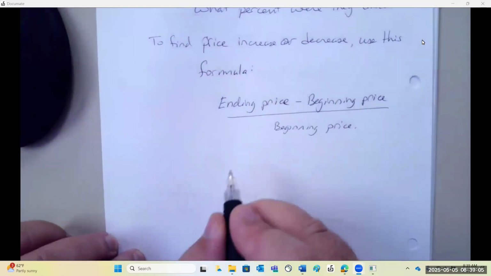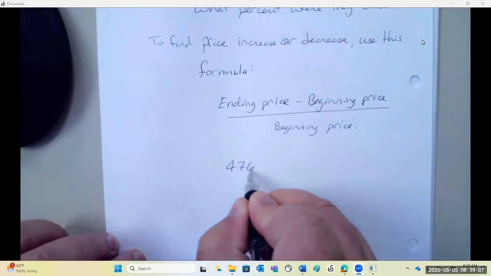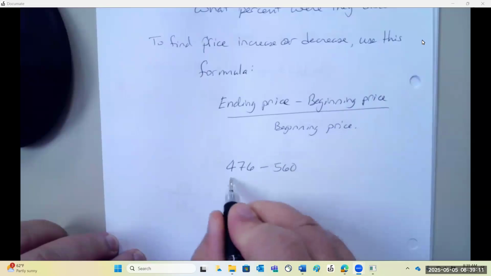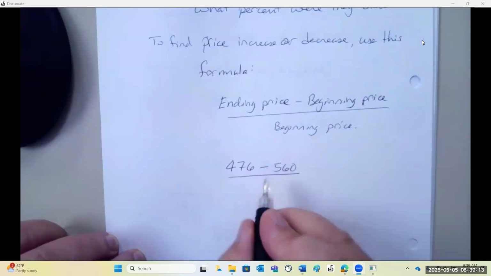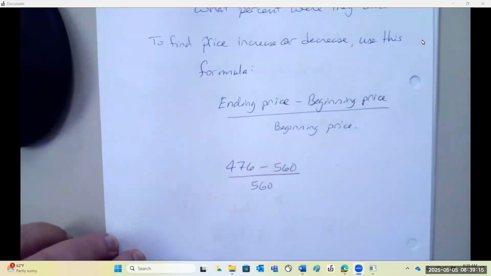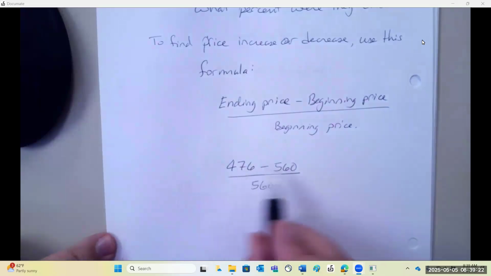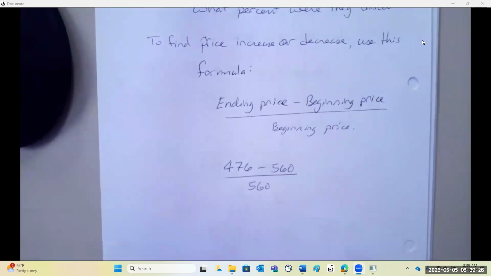So our ending price was $476. The beginning price was $560. So we see that the second number is bigger than the first, so the number is going to be negative, which since it's negative, that means it's a decrease in price.